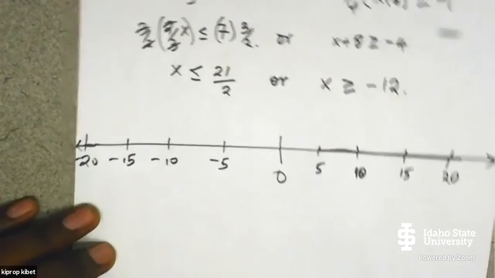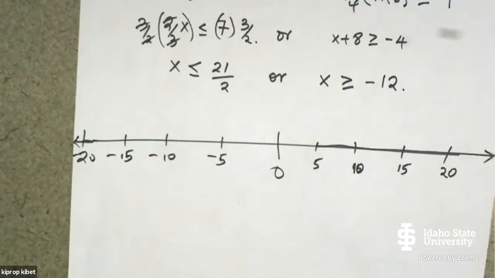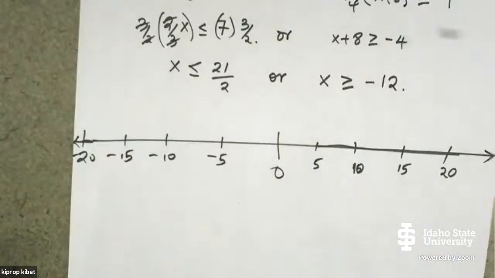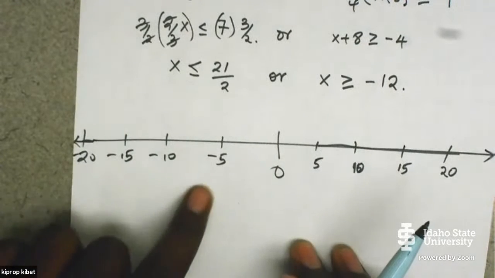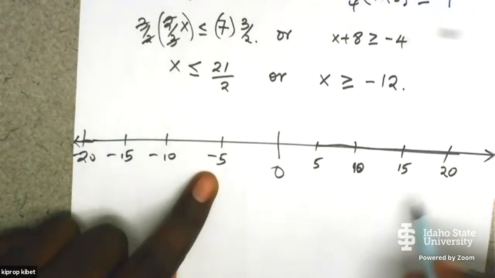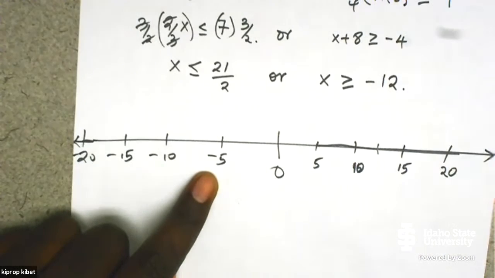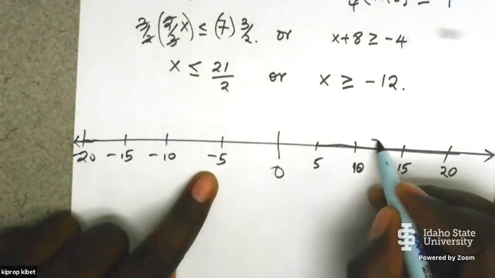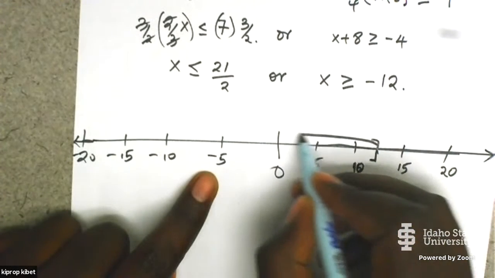All right. So the first one, 21 over 2, is 10.5. So this is 10 point something. Let's say it's here. And where does it go? To the left.